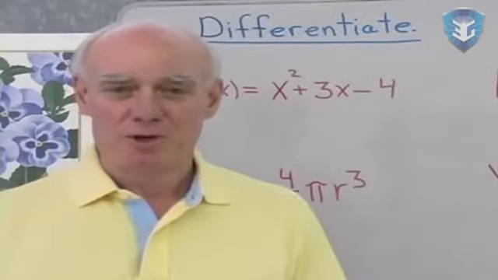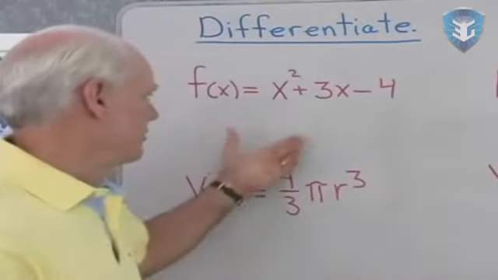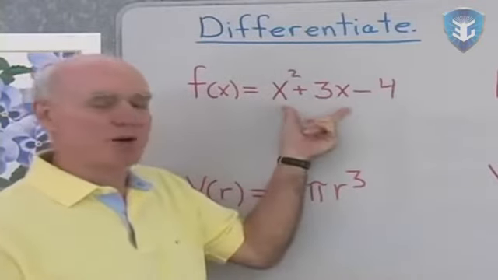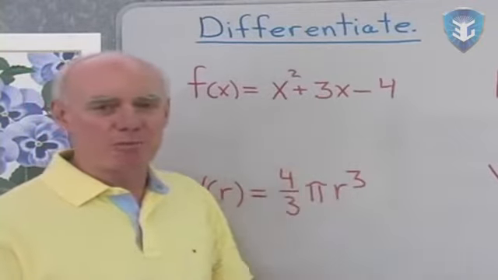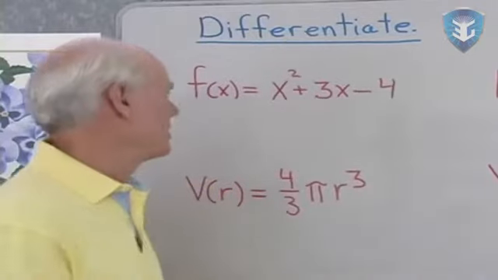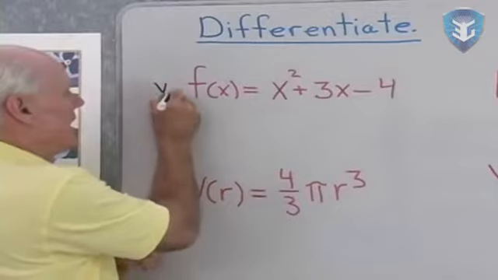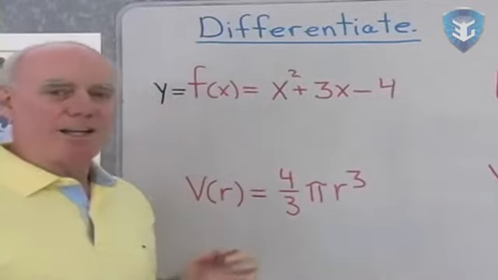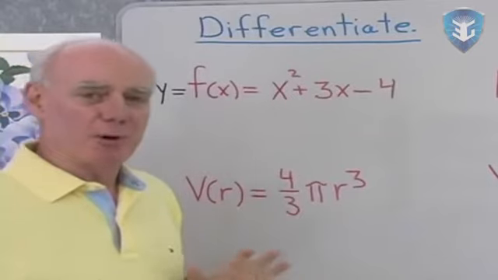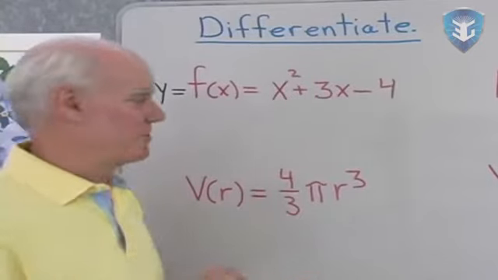Okay, we want to do a little bit of work with derivatives. Let's find the derivatives of some functions here. First I have f of x is equal to x squared plus 3x minus 4. Nice simple polynomial. I'm going to differentiate this. But first let's talk for a second about notation. If I was to say that this was y equal f of x equal all of this, then all of the following represent the derivative of y with respect to x.